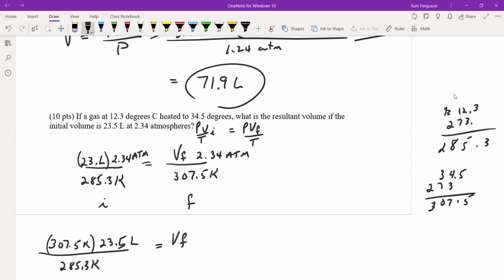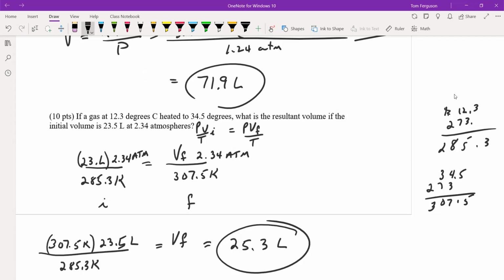Or if we cross multiply, that just brings it to the other side and the fraction is inverted. So the final volume is going to be 25.3 liters.